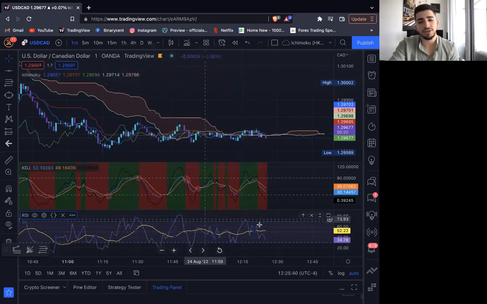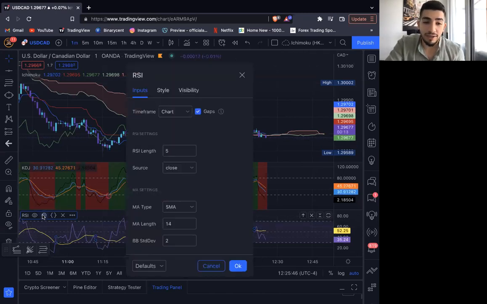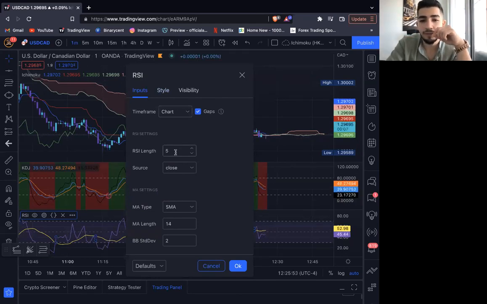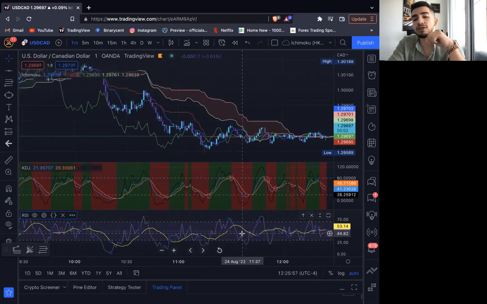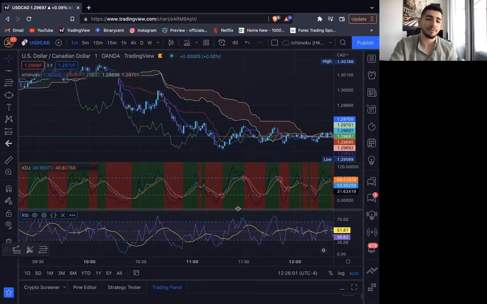Notice how it changed? Notice the line changed? So I came down to settings, inputs, and I made my length 5. My RSI length is 5. Now we are all set to go with the strategy, guys.